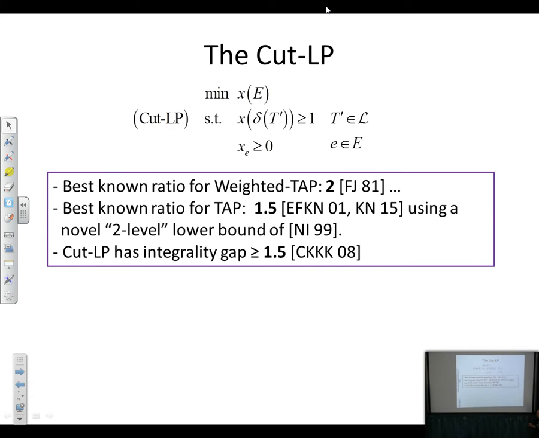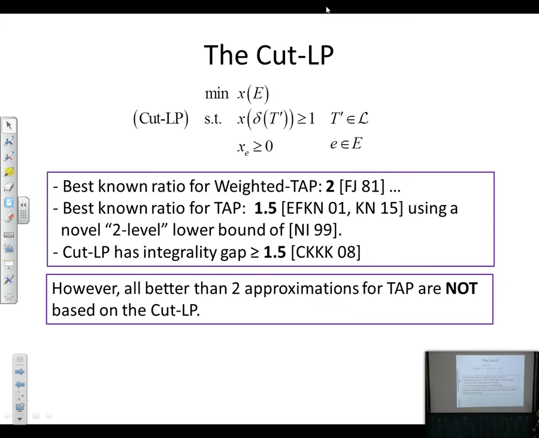But this is actually not true, because all better than 2 approximations for TAP are not based on the cut LP, and in fact are not related to the cut LP. In some sense, I'll try to convince you that these algorithms are based on a stronger LP relaxation.